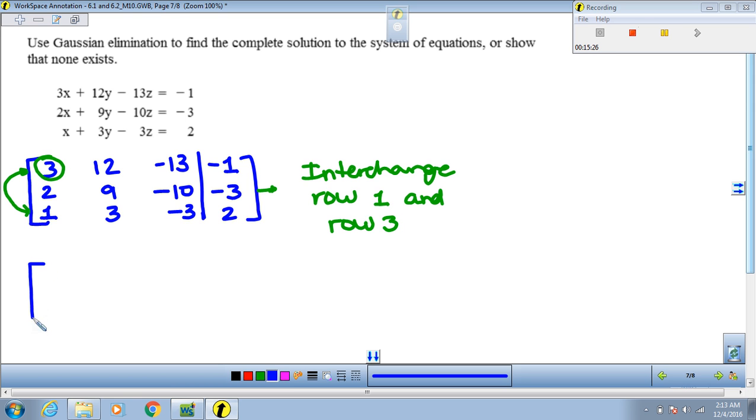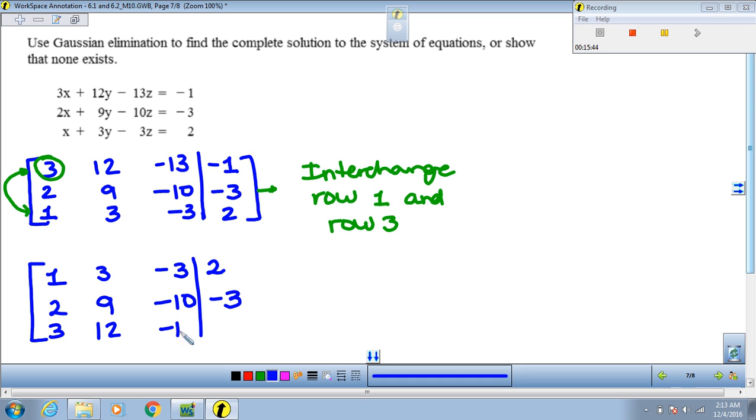Row 2 is going to stay where it is. So 1, 3, negative 3, 2. The middle one, row number 2, is going to stay the way that it is. But row 1 is going to go to where it used to be row 3.